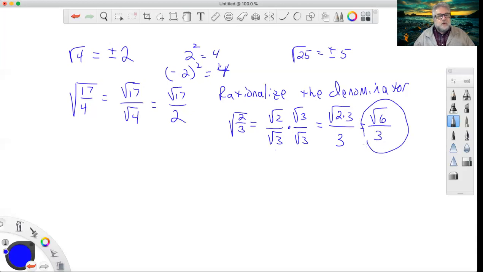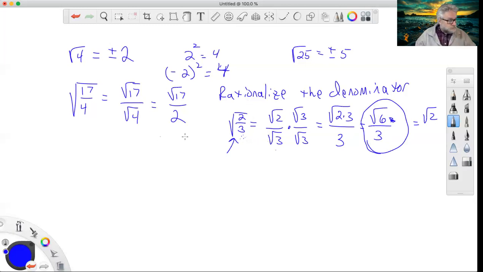This is the proper form of this, okay? You cannot cancel anything between the 6 and the 3. You can't say that's really square root of 2 because a 3 here will cancel there. Nope, can't do that because the 3 is under the square root sign. So this is the proper form of this square root fraction. You cannot have a fraction inside a square root. You always have to rationalize it.